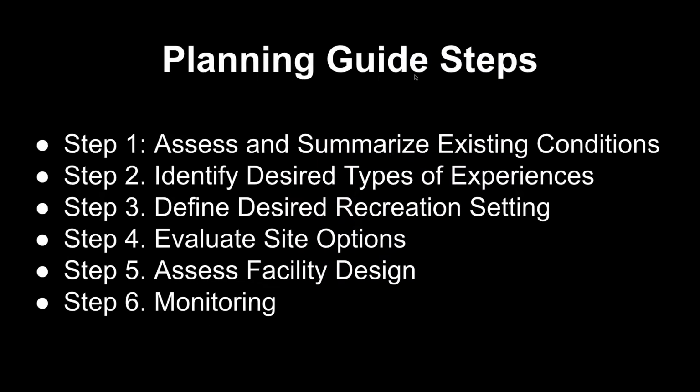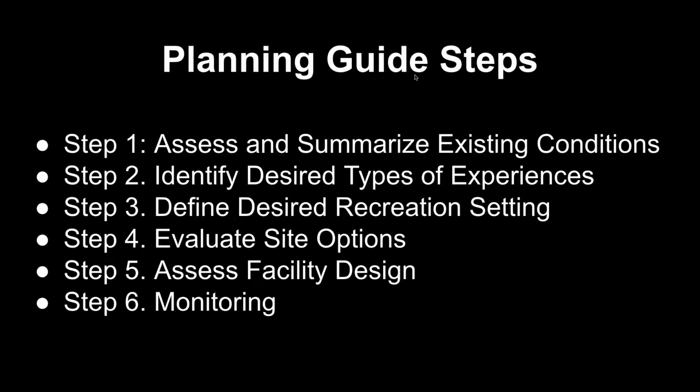Okay, so the planning guide is outlined as steps to summarize and assess existing conditions, identify the types of experiences, define the desired recreation setting, evaluate site options, assess facility design, and then monitoring as a feedback loop to consider any modifications you might be considering for your facility.